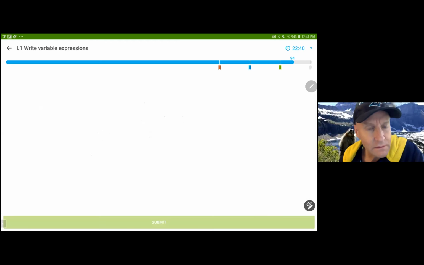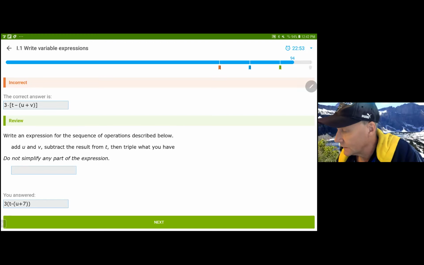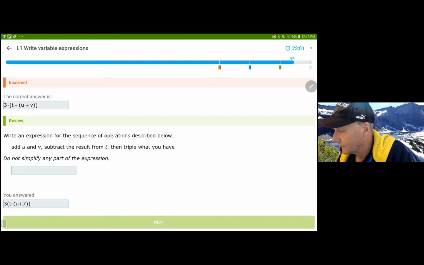What? Why did it get it wrong? Oh, they wanted me to use the brackets instead of the parentheses. Okay, so when you use double parentheses, they require that you use the brackets, like basically like I did before. So watch out for the parentheses. You see that I have the right answer. It's just with the wrong grouping symbol.